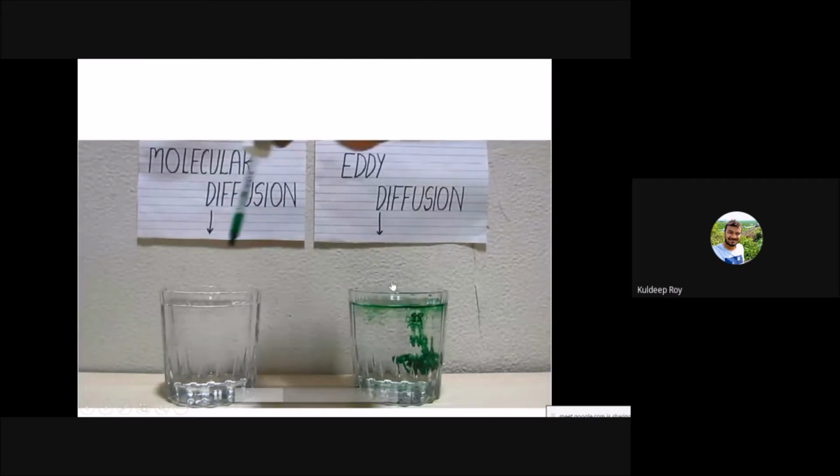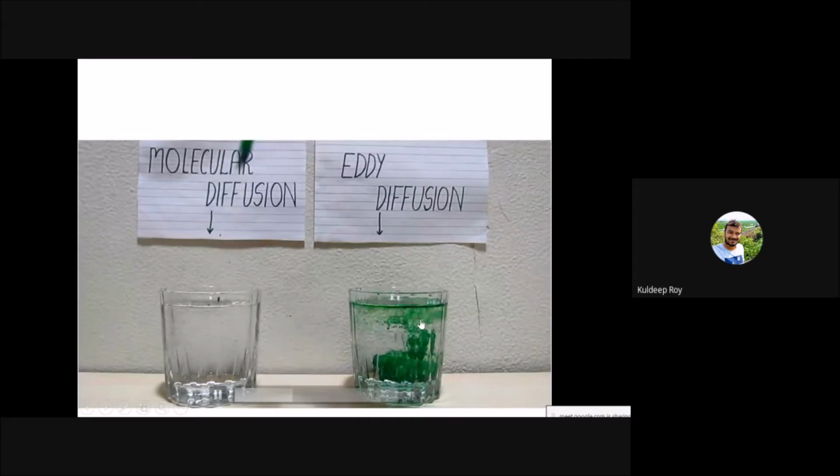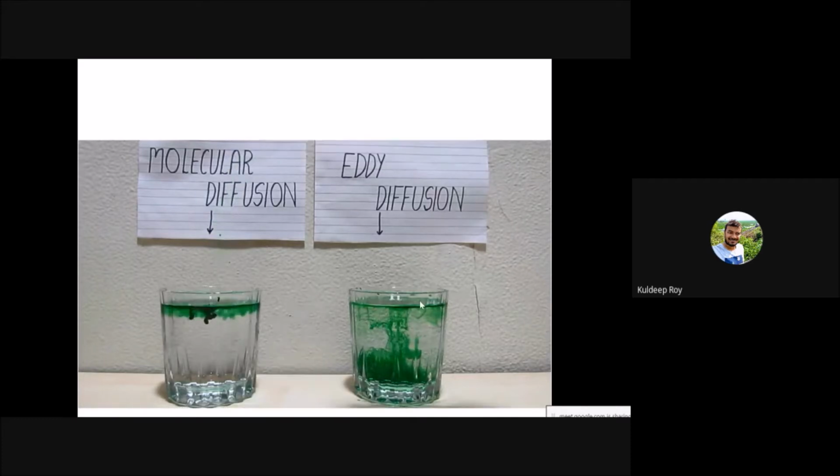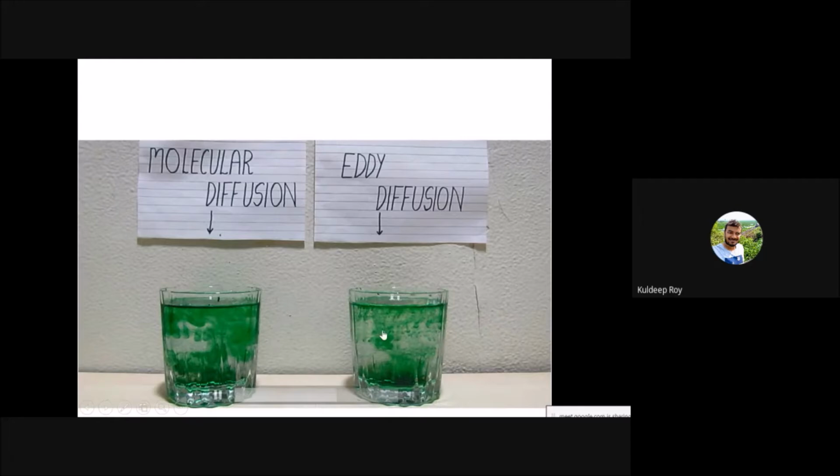You add one or two drops of dye or food color. Now you can see in molecular diffusion it is mixing automatically. You can see migration, actual migration, happening automatically. But for eddy diffusion, what does that mean? You have to apply some kind of external source or external force.